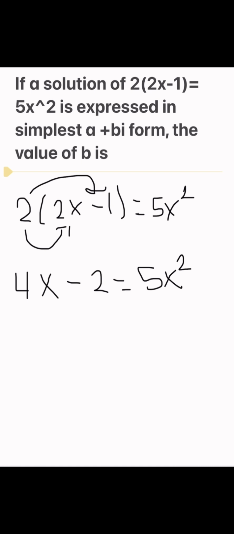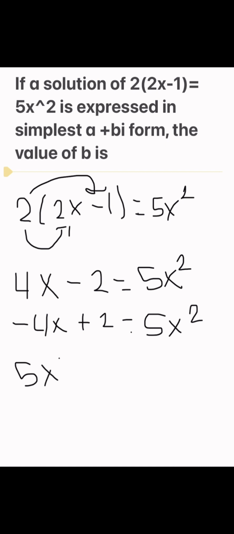Now, we want this to equal 0. So we'll do minus 4x plus 2, and then that will be 5x squared minus 4x plus 2 equals 0.